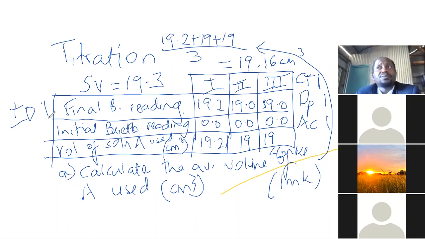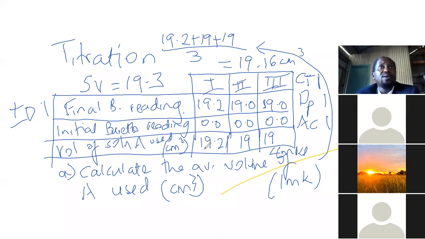Now, take note that supposing a candidate had done an arithmetic error in subtraction, the examiner normally performs the subtraction as it was supposed to be done and writes the expected answer or expected value of volume beneath the candidate's value. So supposing, like in my case, one of the titrations, a candidate had written 19.3 or 19.6 instead of 19.2.